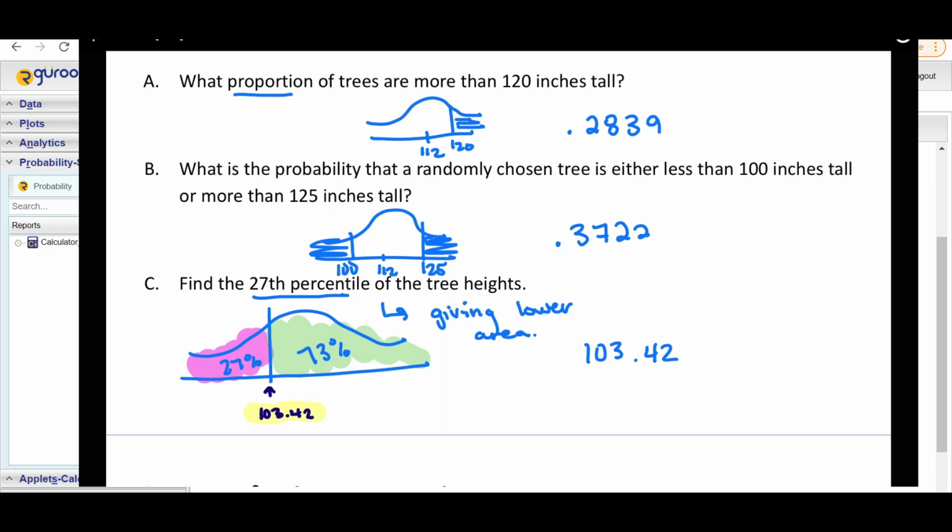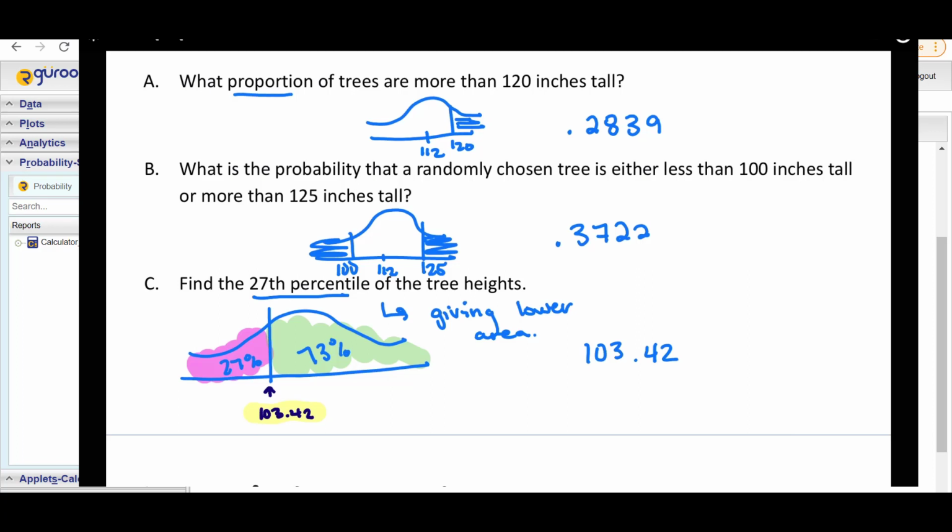There's your visual. So again, anytime they ask for a percentile, anytime they ask for a quartile, if they ask for a boundary, a cutoff number, anything like that, you want to go from probability to values. Okay, so you want to go from values to probability if they give you 2 boundaries and they're asking for the proportion or the probability.